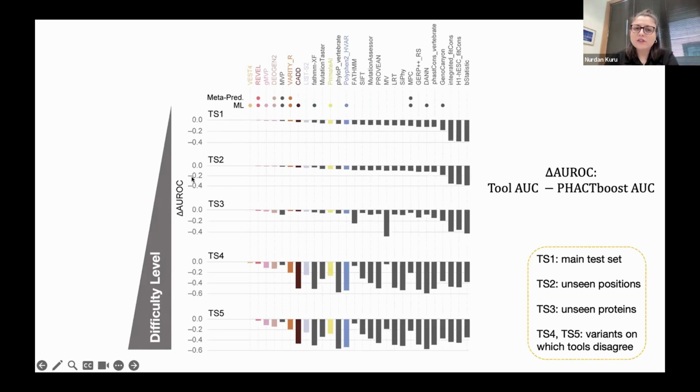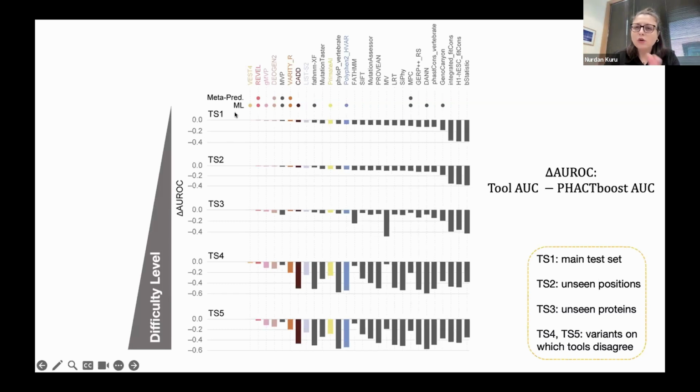Here, I want to mention one more thing. As you see, we have different test sets, TS1, TS2 to TS5, and the difficulty level increases from TS1 to TS5. What I mean is, for TS1, like the classical approach in the literature, we pick a date, like January 2020, and all variants added to ClinVar before this date are taken as training, and the new variants after this date are kept as the test set.